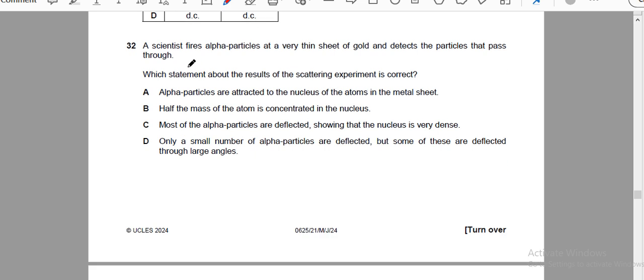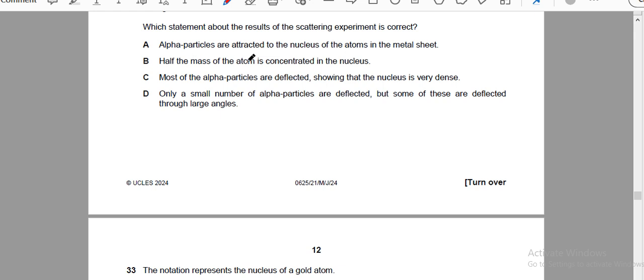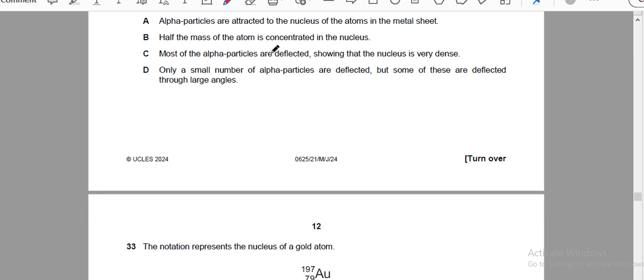Scientist fires alpha at thin sheet of gold, which is correct about scattering. Alpha scattered to attracted to nucleus. No, most of them are positively charged, so cannot be attracted. Half of mass of atom is in nucleus, not half, most of the mass.